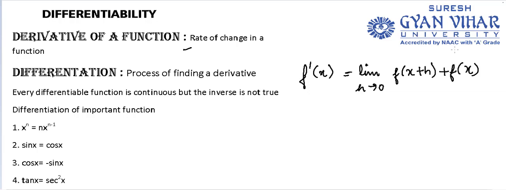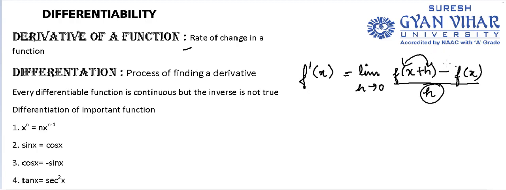Because we represent the derivative as a change, there will be a negative sign, f of x, and it is divided by h. h is the interval basically. How it is changing from x to x plus h. So it is the interval where the function is changing itself. So it is the rate of change. Rate of change is represented as the difference.